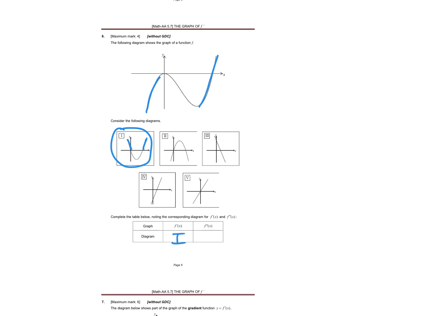And then if we want the derivative of that, this is negative and then positive. So it's not going to be this because it's quadratic, it's going to be linear. So we want negative, then positive. It's negative until here. So not this one. That's negative until the origin. So it's got to be this one.